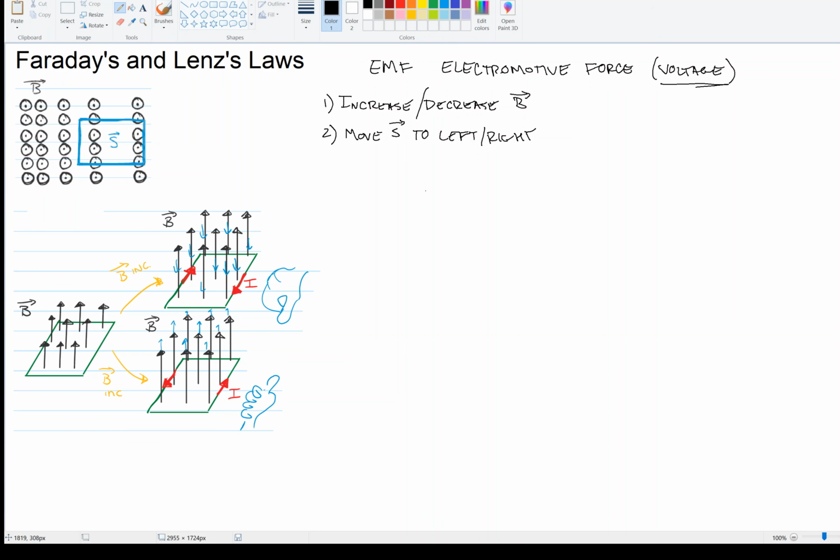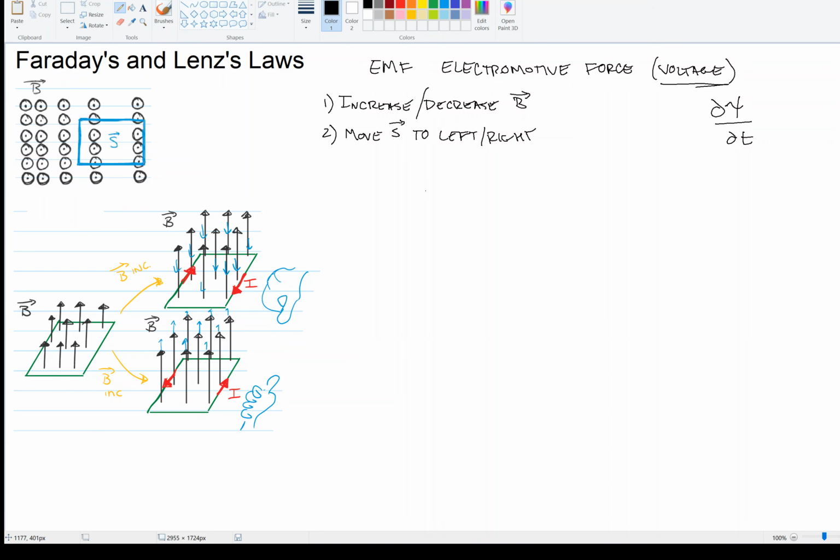We're talking about the derivative of flux versus time. If we move the loop to the left, then d psi dt will be positive, a positive change in flux. If we move it back to the right, there would be a negative change in flux because the flux is decreasing as we go to the right. Either way, we have a change in flux, so we would have an induced voltage in that loop, which produces current.